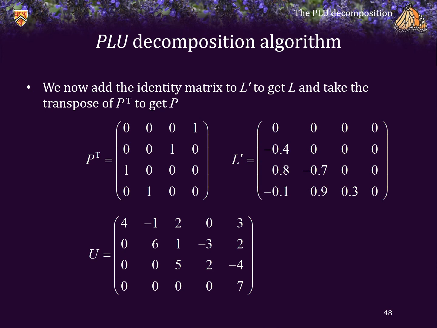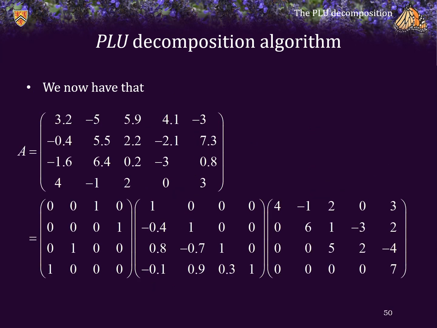We now add the identity matrix onto the matrix L prime to get the matrix L, the lower triangular matrix, and we take the transpose of the matrix P transpose to get the matrix P. All right, so here are our P, L, and U, and therefore we have that the matrix A must equal this permutation matrix times this lower triangular matrix with entries 1 on the diagonal times this upper triangular matrix that happens to be in row echelon form.